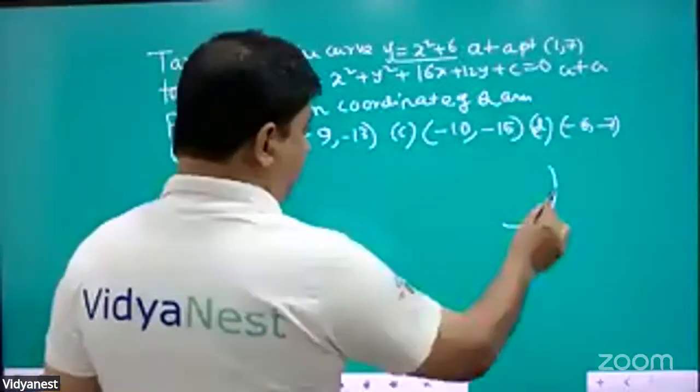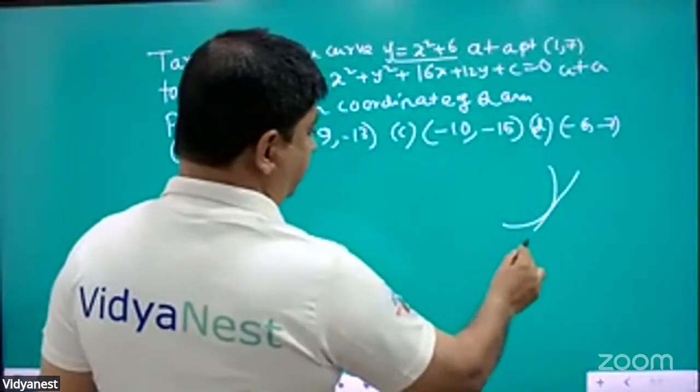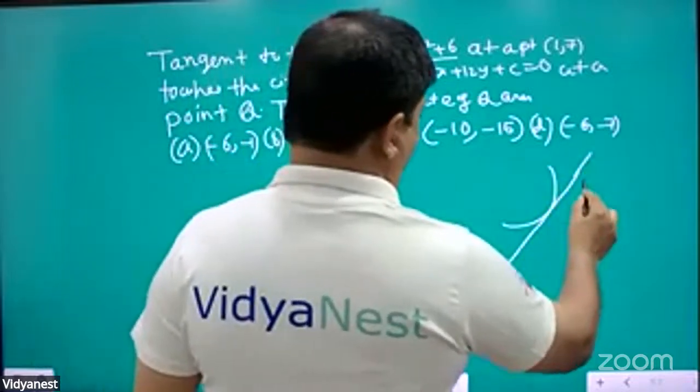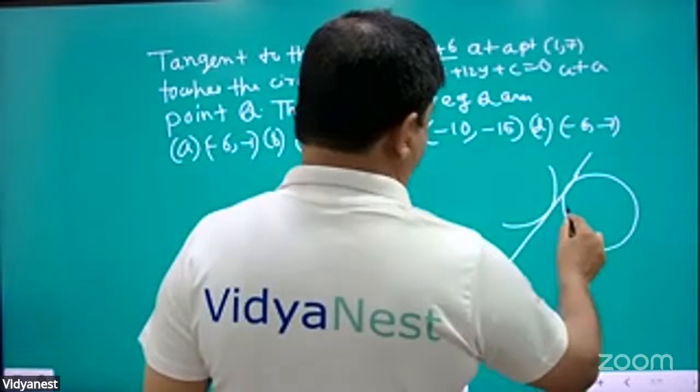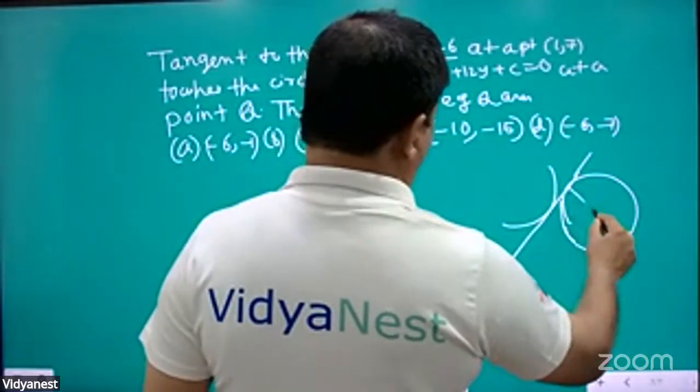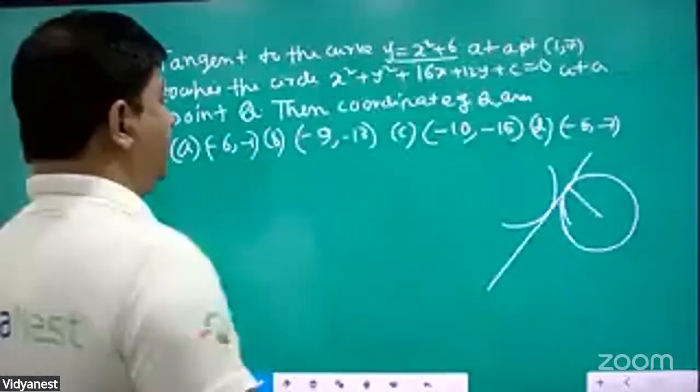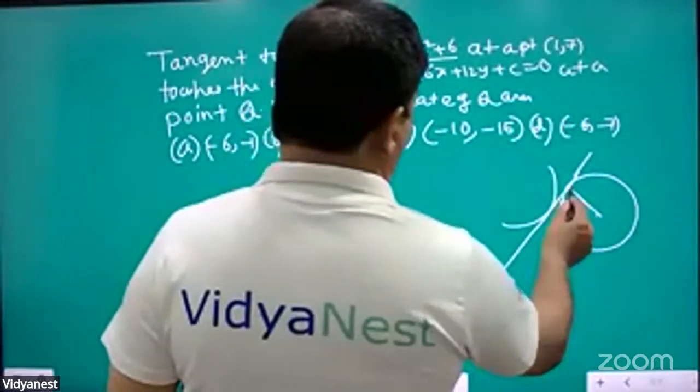There is a tangent. It touches another circle whose center is known to us. We have to find that Q point. O we know.